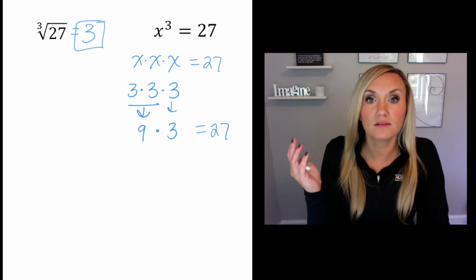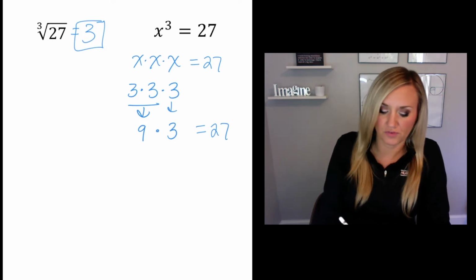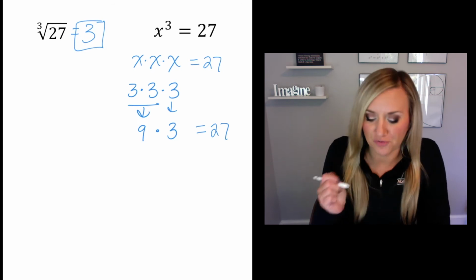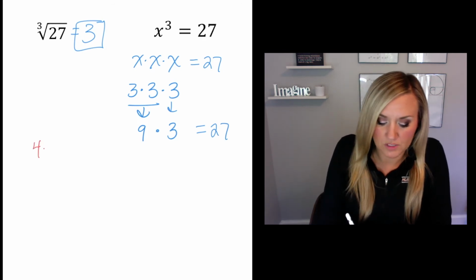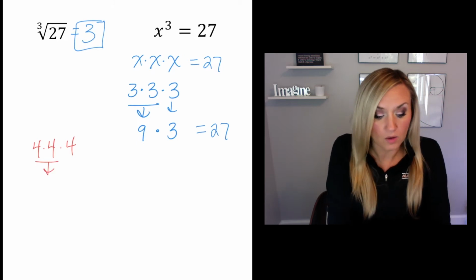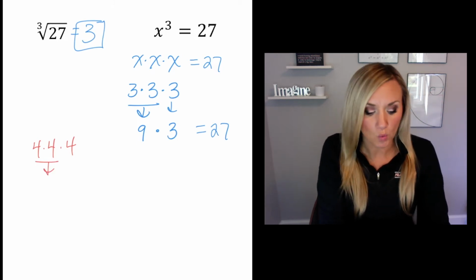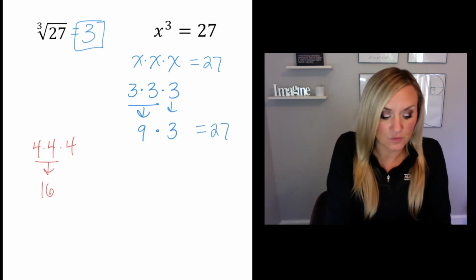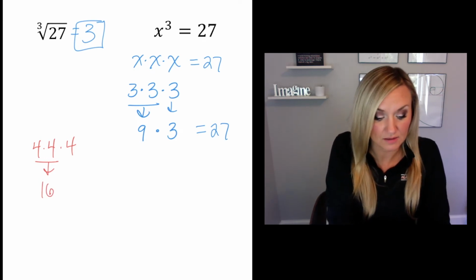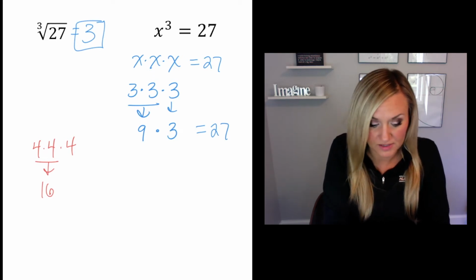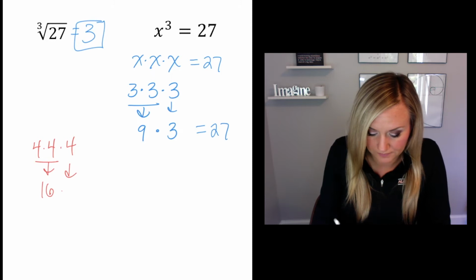For fun, let's just do 4. I don't have that problem made up, but we're on a roll, so let's just do 4. So what if it was 4 times 4 times 4? Well, we have 4 times 4, which is 16. And then 16 times 4 is going to give us 64.